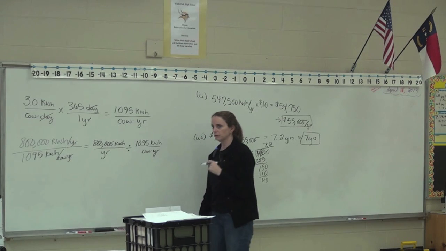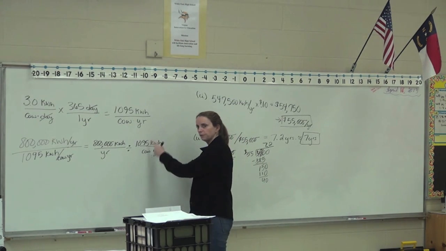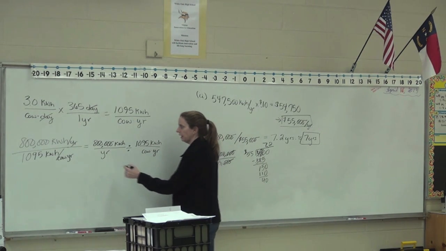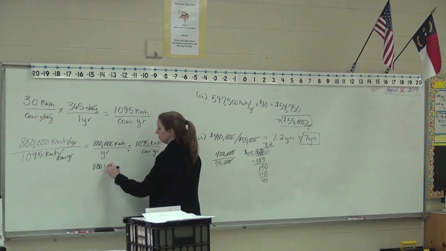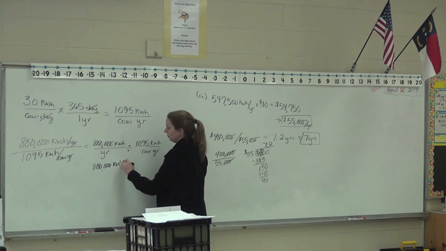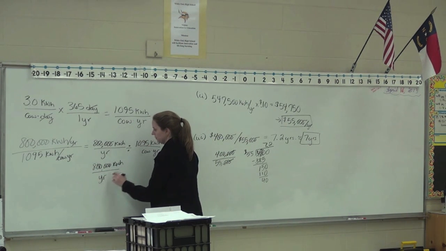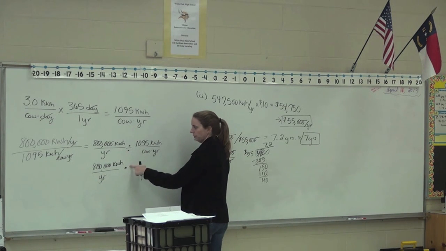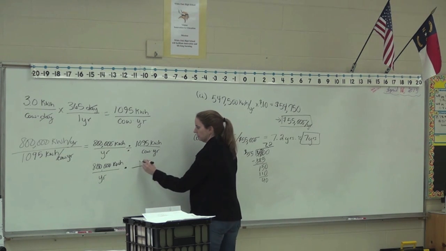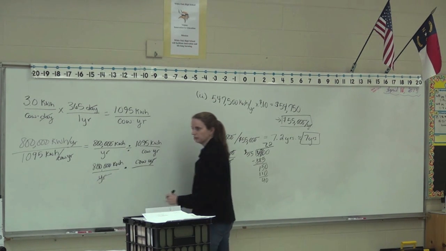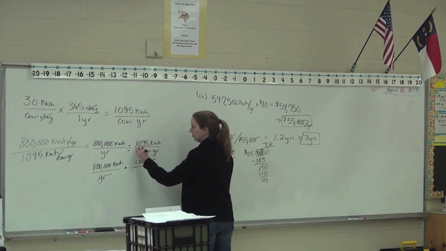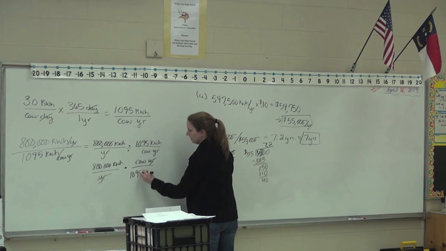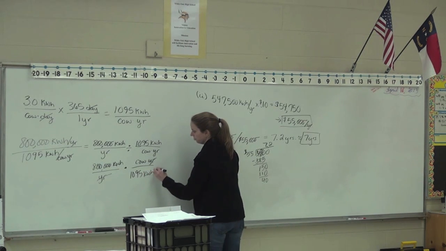And just like division with fractions, we always flip and multiply. So we're going to do 800,000 kilowatt hours per year times, because flip and multiply, the cow year comes up here, which is a good thing, so we can cancel that out. What goes down at the bottom is the 1,095 kilowatt hours.